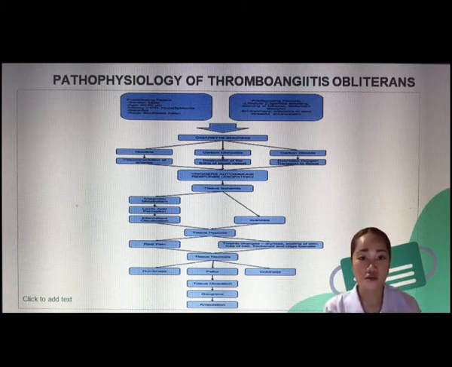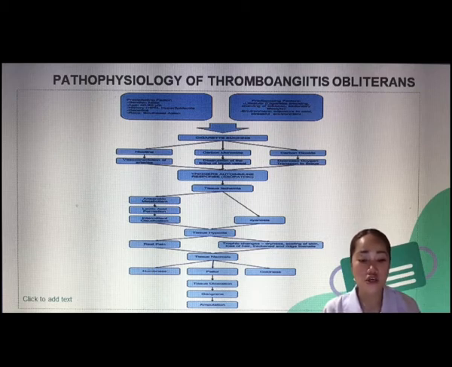This can lead to rest pain, and also trophic changes, in which there is dryness and scaling of skin, loss of hair, and thickened and ridged toenails of the client. These two can lead to tissue necrosis, which is the death of tissues of the body.